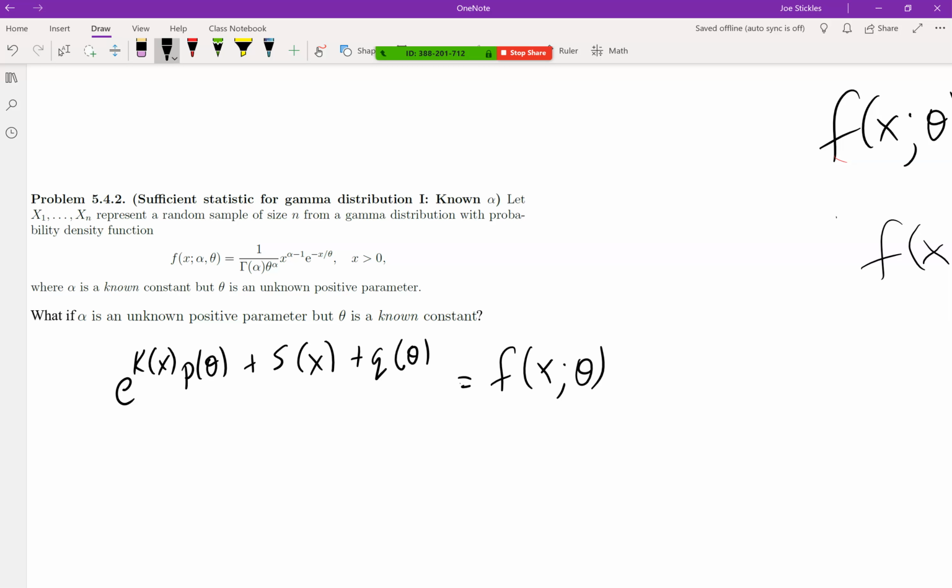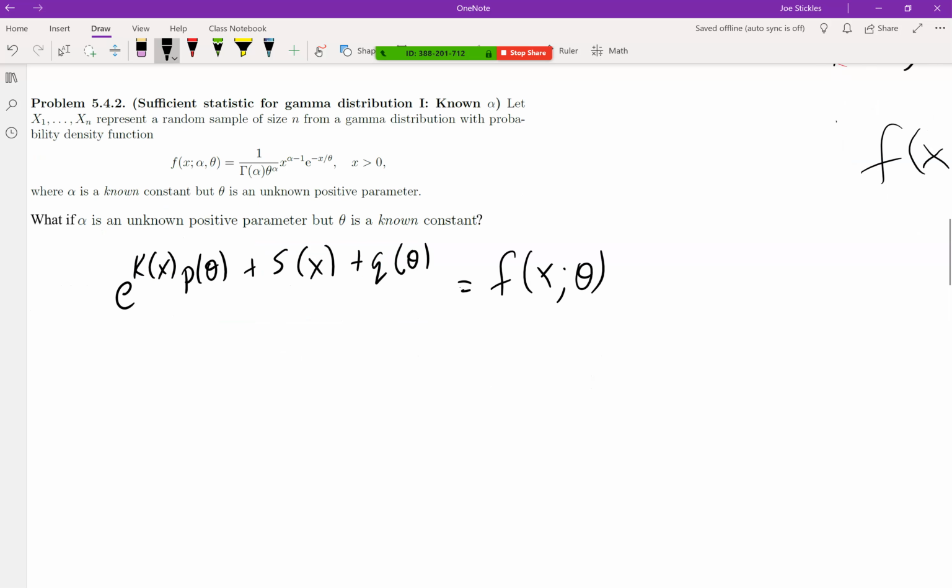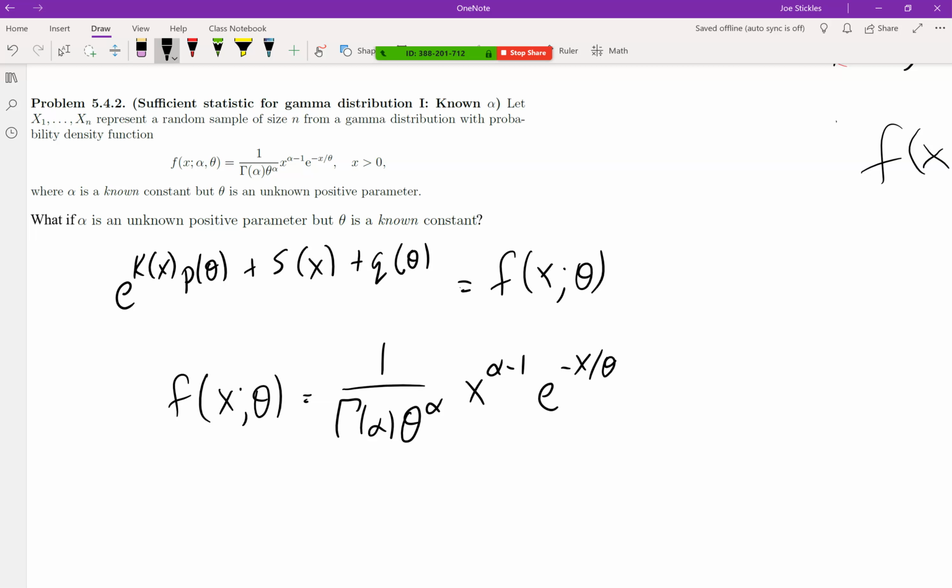So for the gamma distribution that we have here, we've got 1 over gamma of alpha, theta to the alpha, x to the alpha minus 1, e to the minus x over theta. If we're trying to write it in exponential form, our goal is to write everything as e to a power.